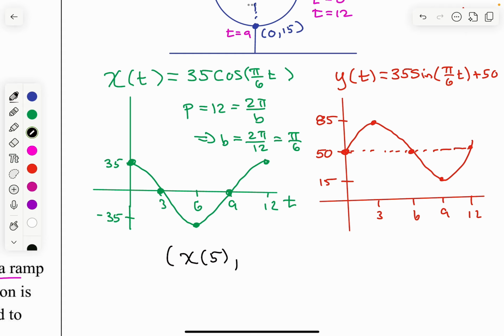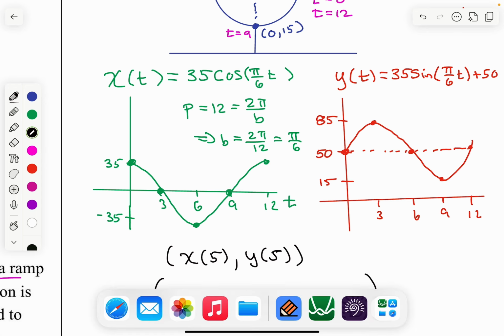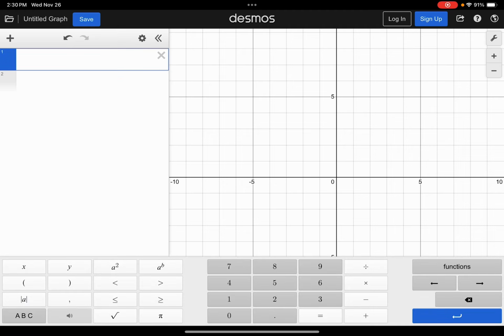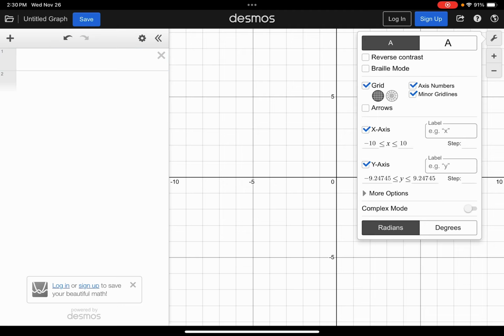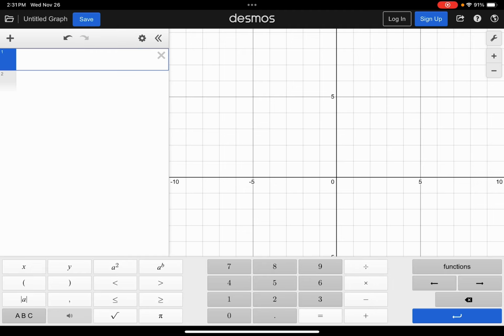So we'll go do that, and okay, we'll be done. Okay, so again, just make sure you're in radians. So we're doing 35 cosine of pi over 6 times 5.